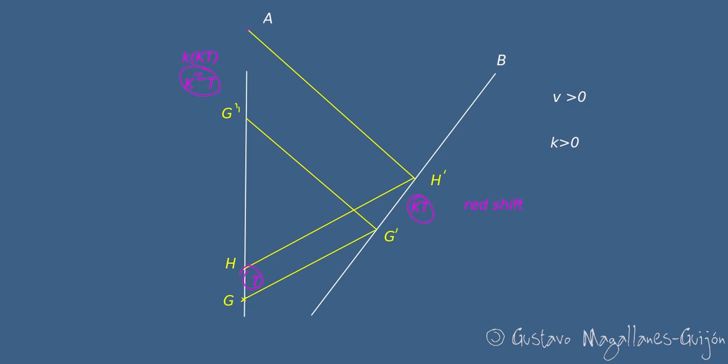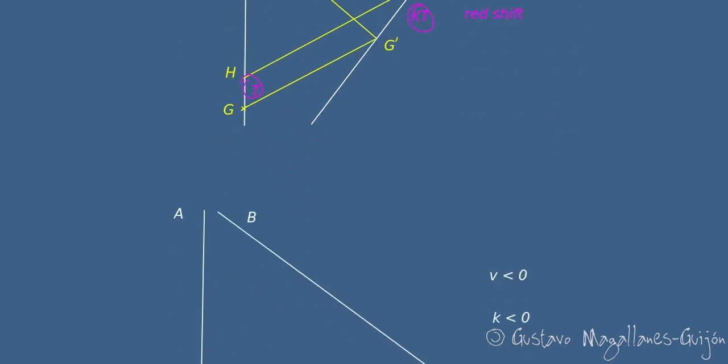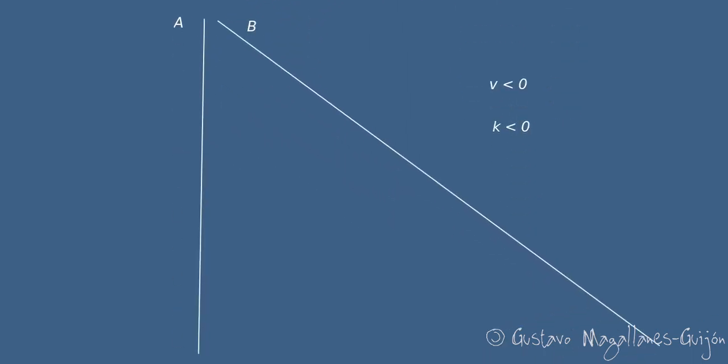Finally, when the observer B is approaching the observer A, with the observer A at rest too, we have this diagram. If we have the event at this moment in the world line of A, this event is received by observer B at this moment.